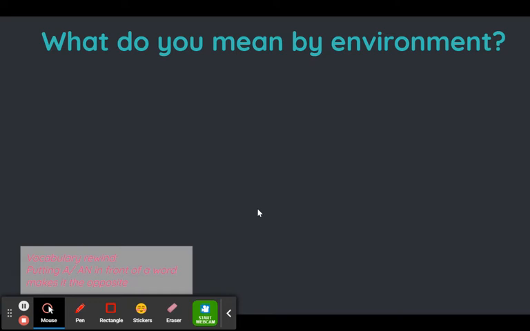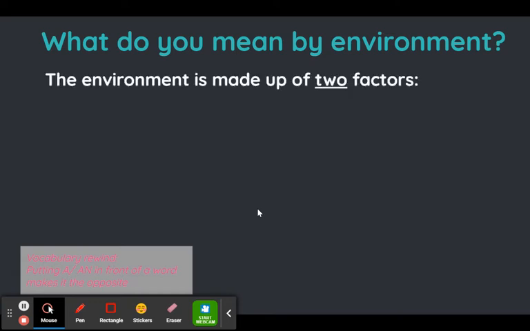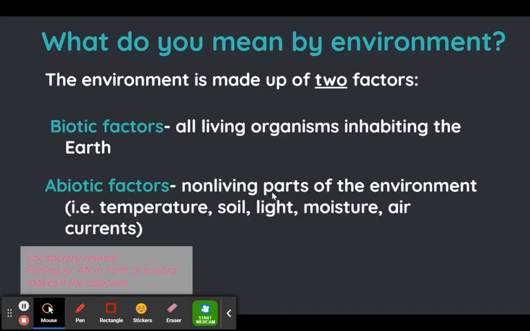All right. So when we say environment, we have to think about what we mean by environment. Here's some vocab for you. The environment is made up of two factors, biotic factors and abiotic factors.